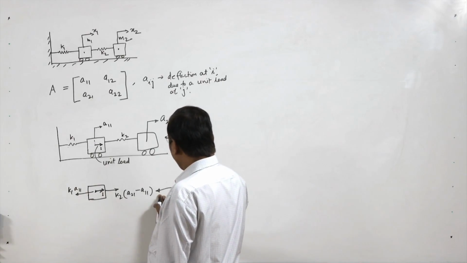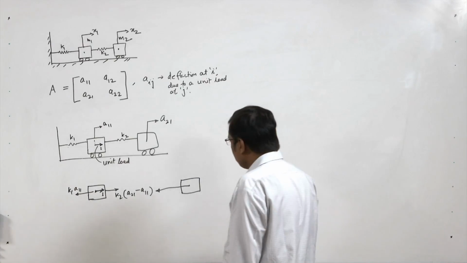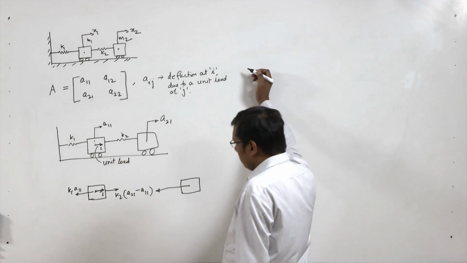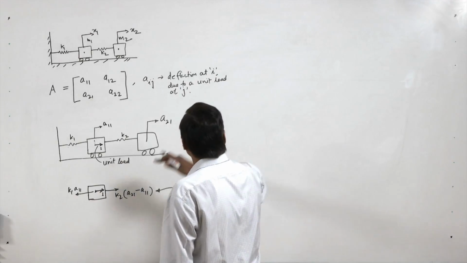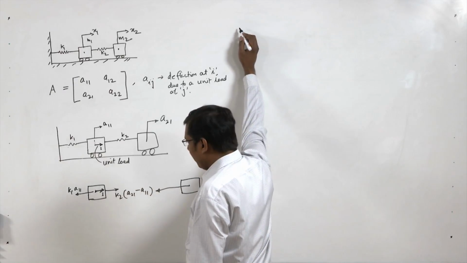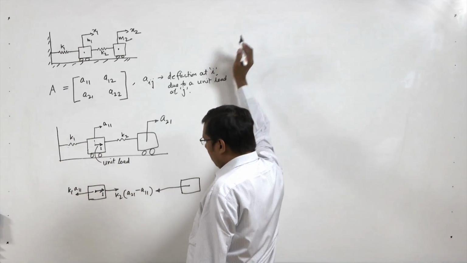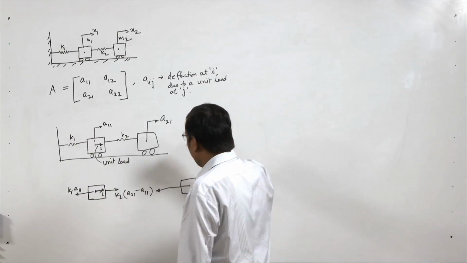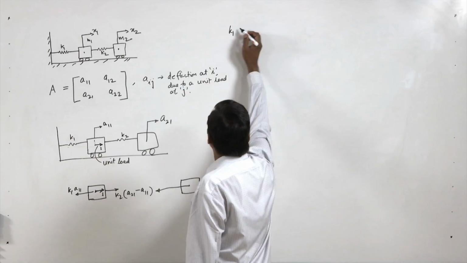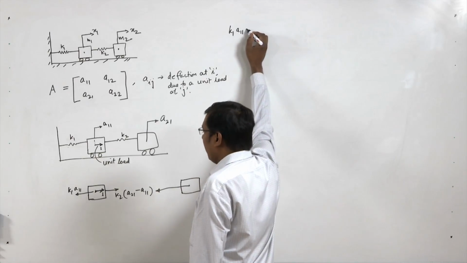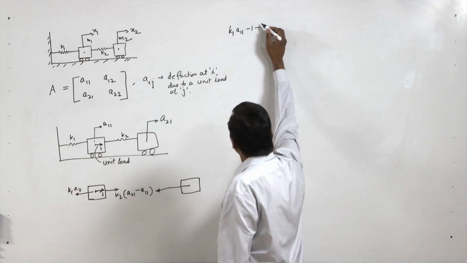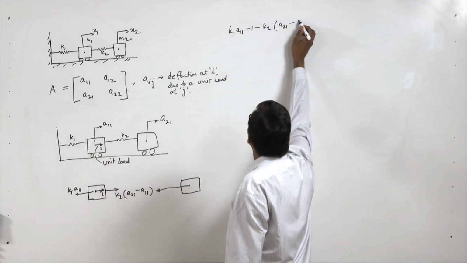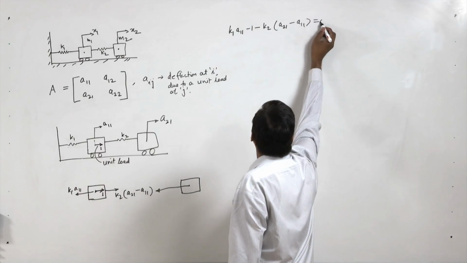So now we have to balance these equations. For equation number 1, we have these two forces in one direction and this one in the opposite direction. So we will have K1 A11 minus 1 minus K2 into A21 minus A11 equal to 0.